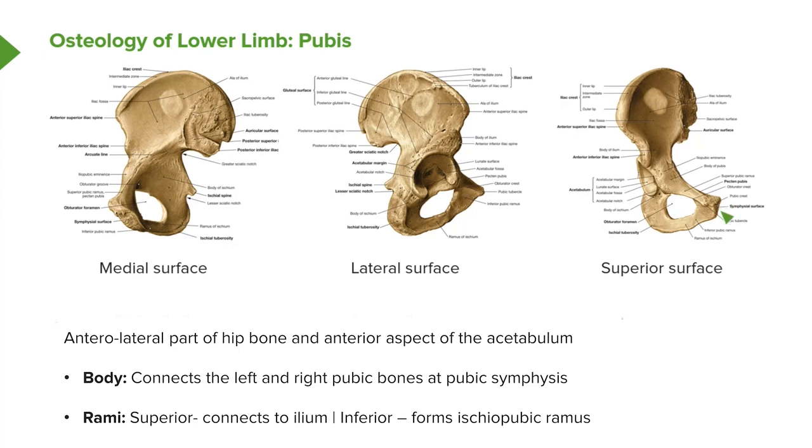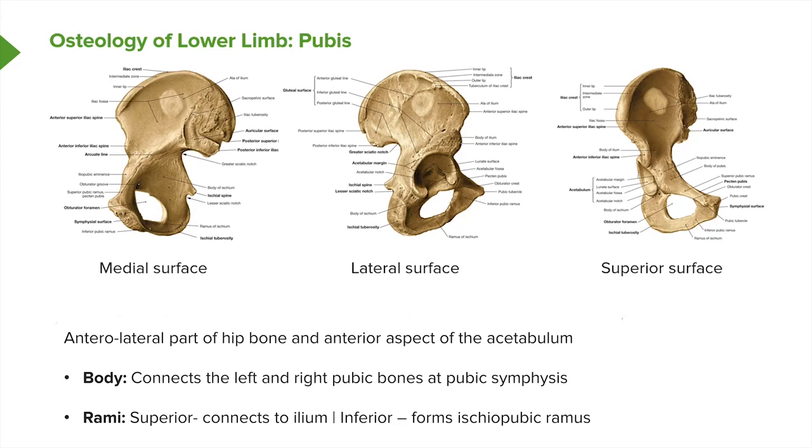And the pubic symphysis will be here. On this superior view, you can see the body of the pubis will go and it will connect to the body of the pubis on the other side. We can see this as well here on this medial surface, passing towards the symphyseal surface where the pubic symphysis will be located.